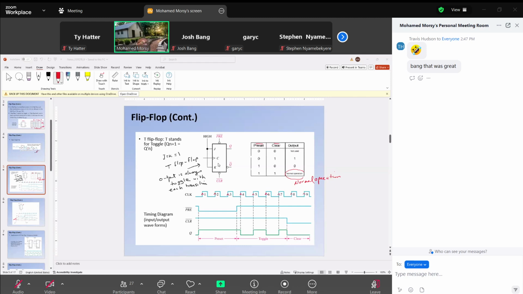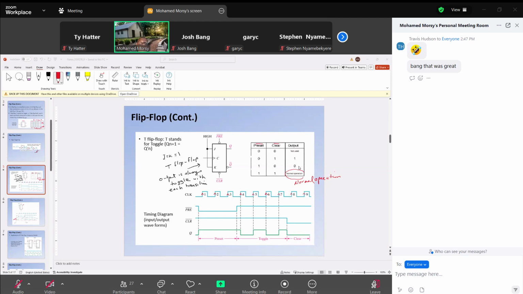Other than this, if preset inverted and clear inverted are both zeros, this is not allowed. If preset inverted is 1 and clear inverted is 0, this clears the output.